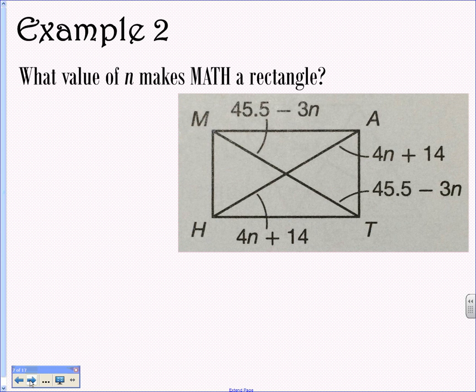Yes, those values are pointing to the diagonals. So what value of n makes math a rectangle?